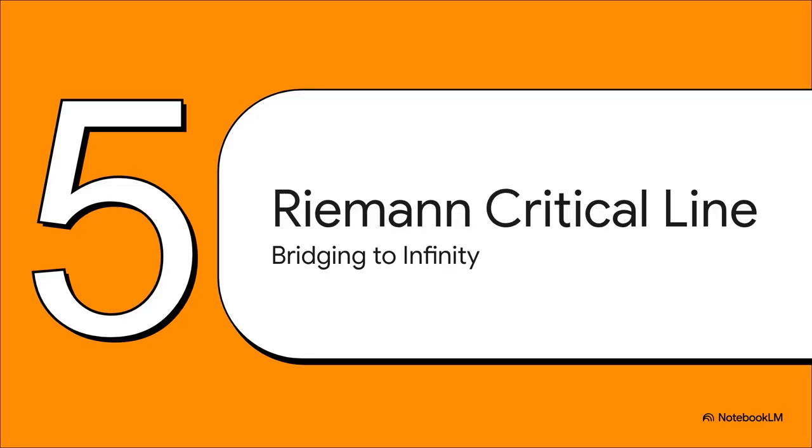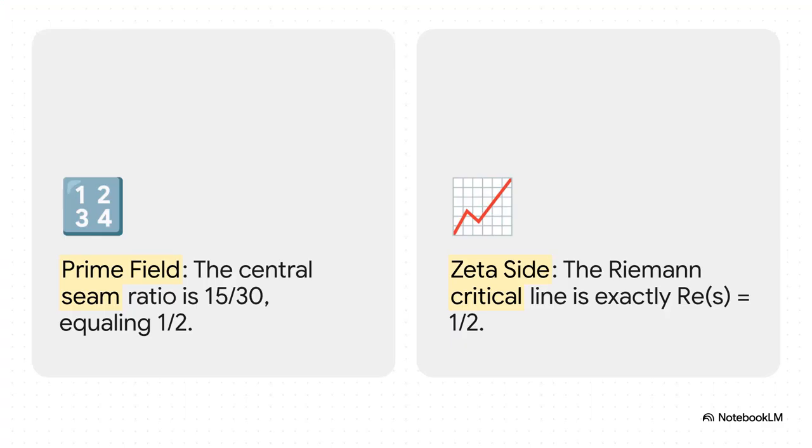And finally, the grand finale, Section 5, the Riemann critical line, bridging everything to infinity. Let's contrast these two incredible concepts side by side. On the prime field side, our central stabilizing seam generates a clean ratio, 15 over 30, which neatly reduces to 1/2.